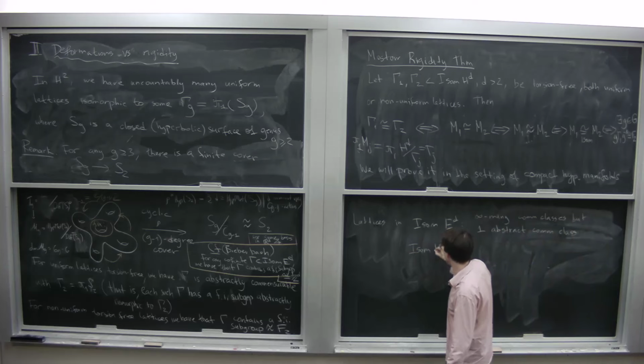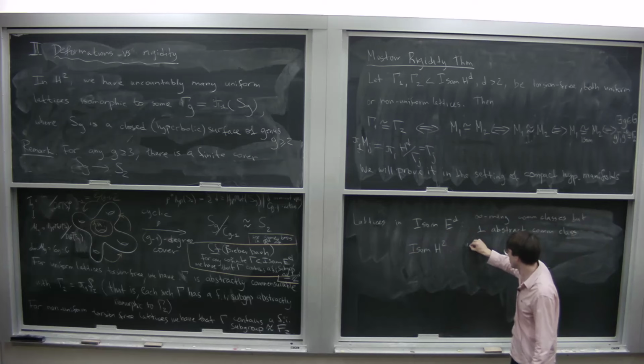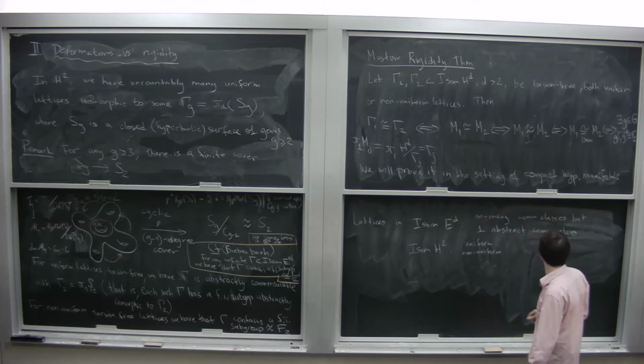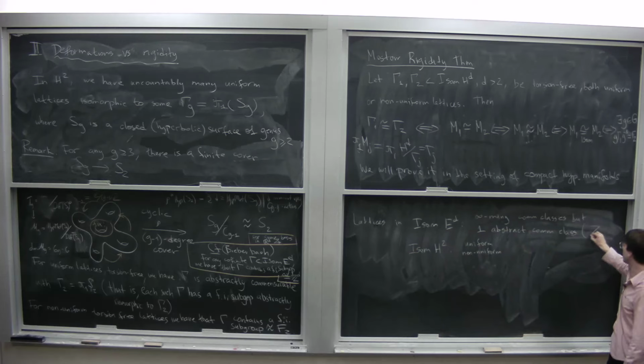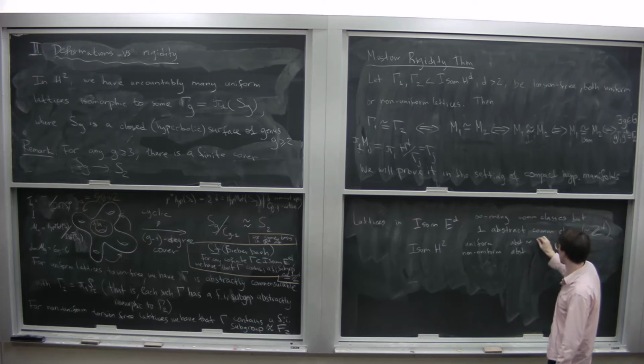So in Isom H2, uniform and non-uniform, and here I'm writing commensurable with Z^d, right? Uniform lattices are abstractly commensurable to pi 1 of S2.